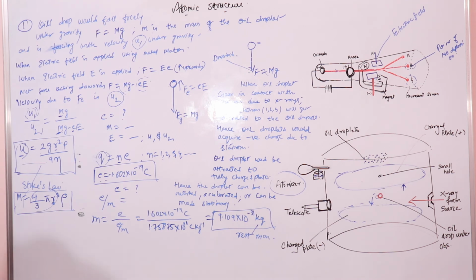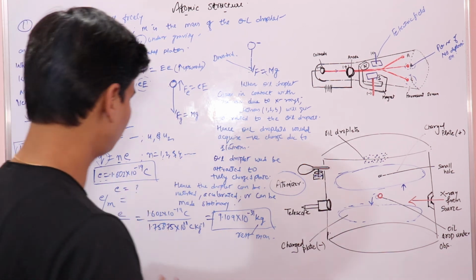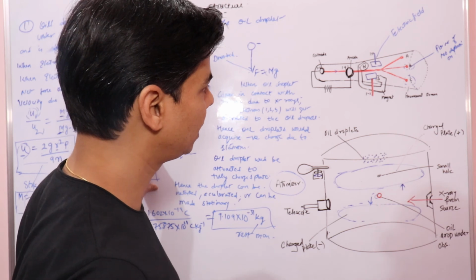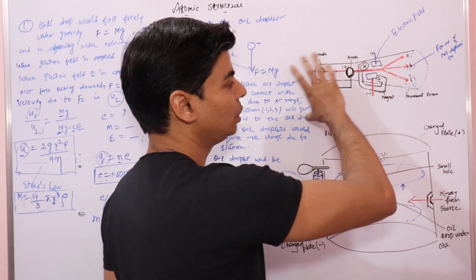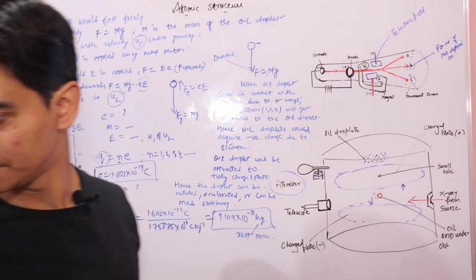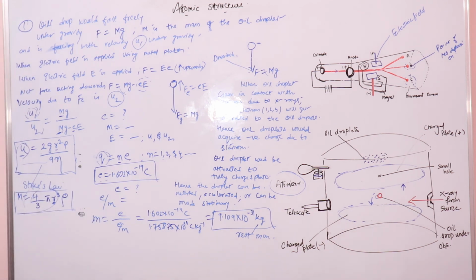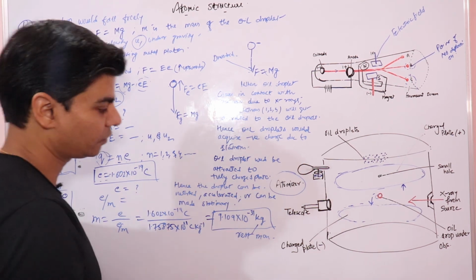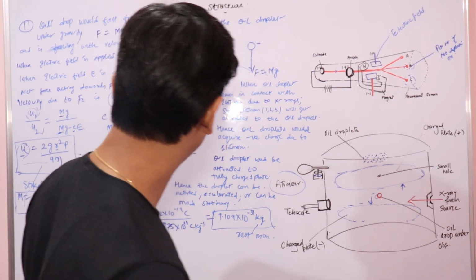Once you have the charge on an electron from Millikan's oil drop experiment and the e upon m ratio from Thomson's experiment, you can find the mass of an electron, which we now know is 9.109 into 10 to the power of minus 31 kilogram, right?